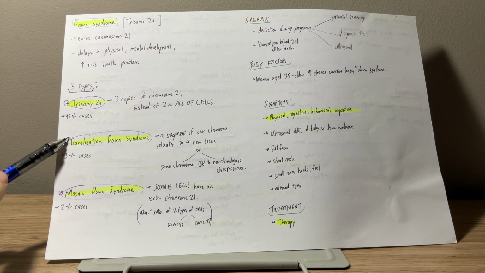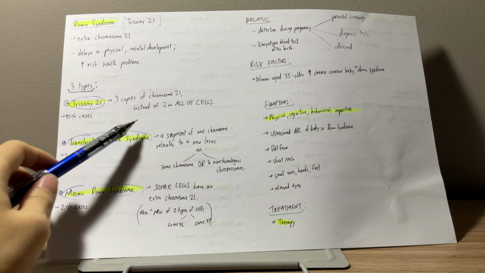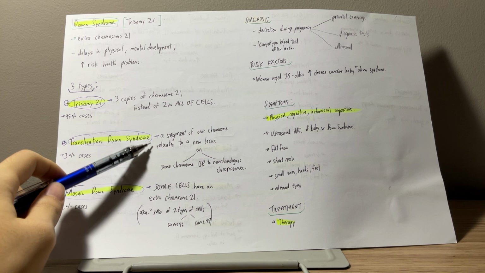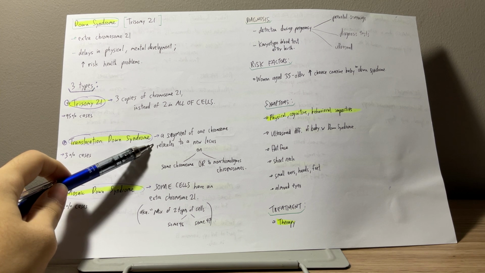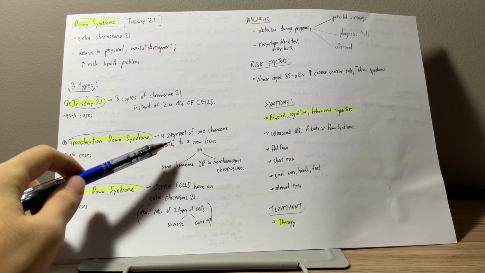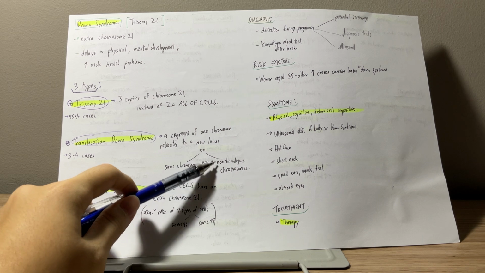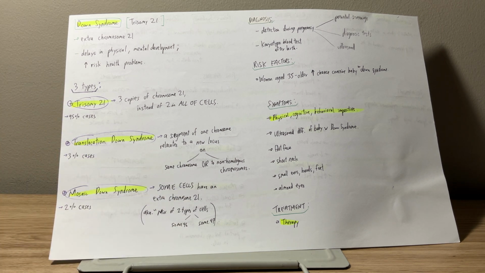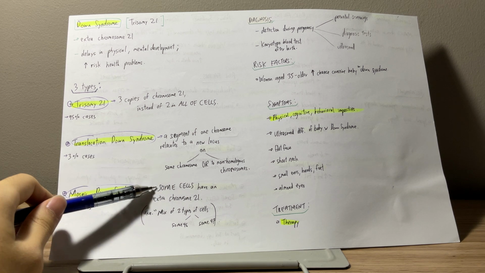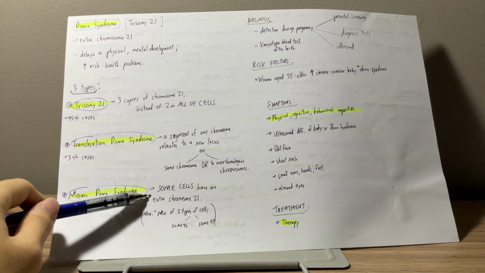Let's move here. Translocation Down syndrome. So, a segment of one chromosome relocates to a new locus on the same chromosome or to two non-homologous chromosomes. So, that's pretty technical. The third one, mosaic Down syndrome. Some cells have an extra chromosome 21.